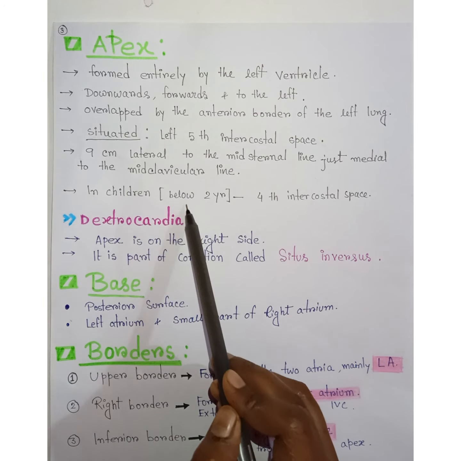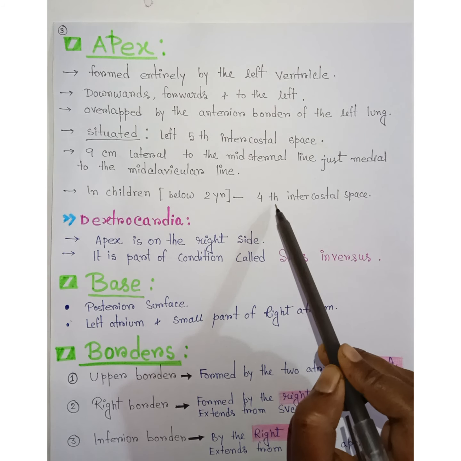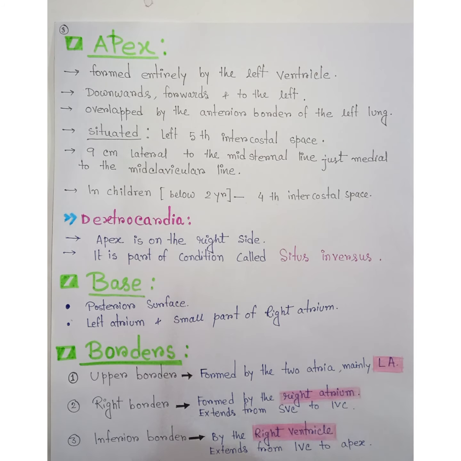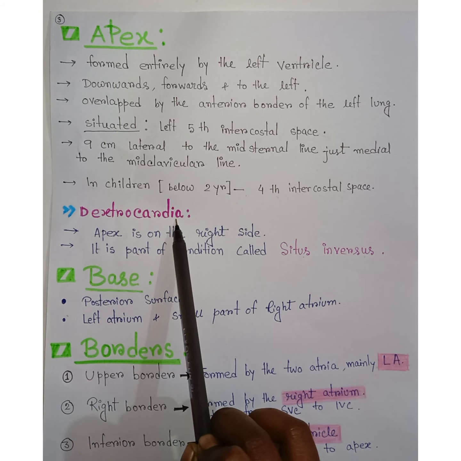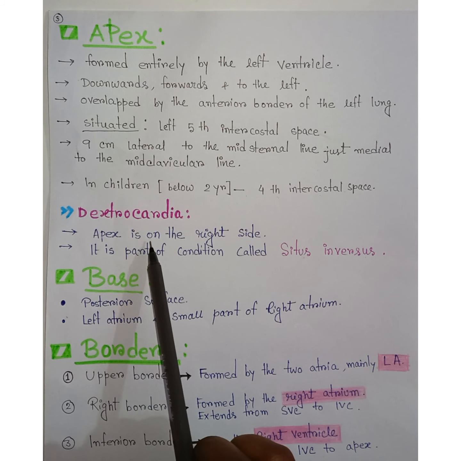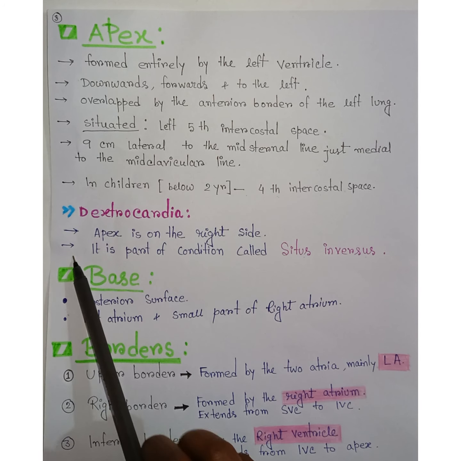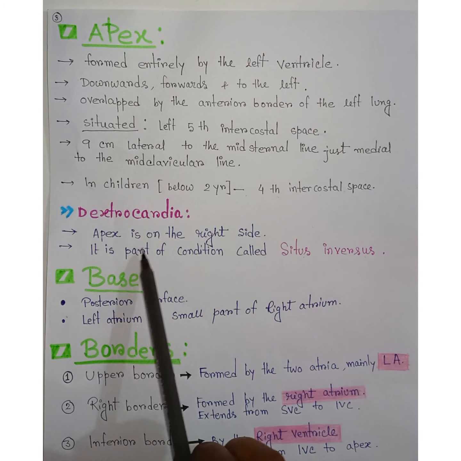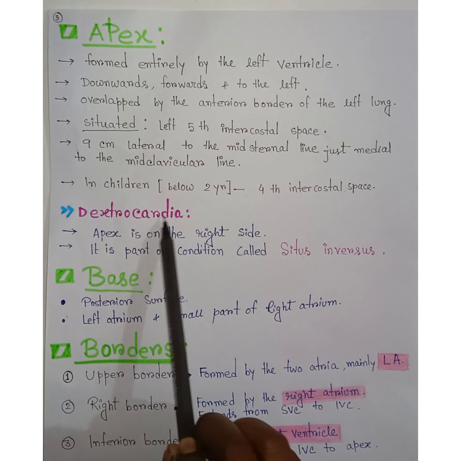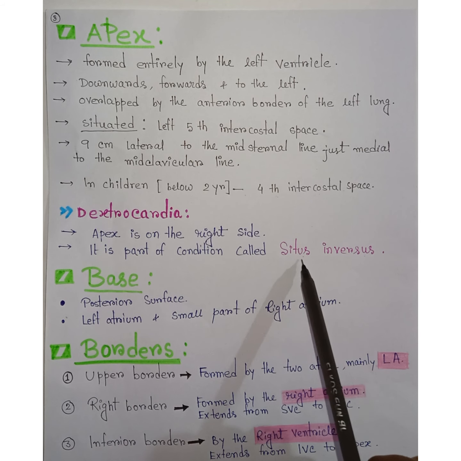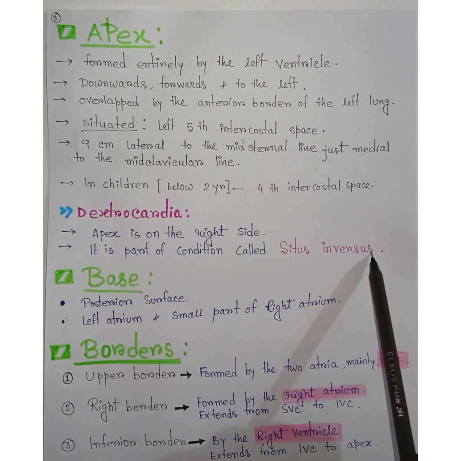In children below 2 years, it is present in the fourth intercostal space. What is dextrocardia? Normally the apex is on the left side, and in dextrocardia the apex is on the right side. It is part of a condition called situs inversus.